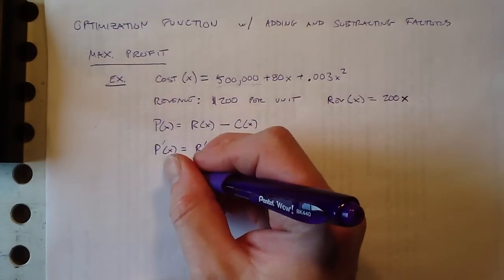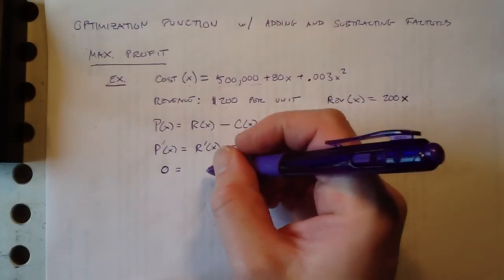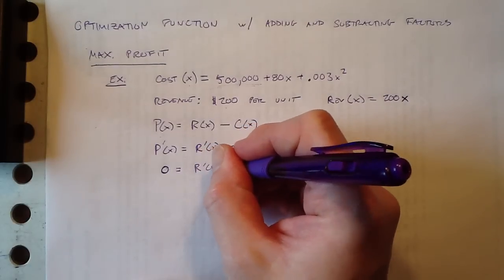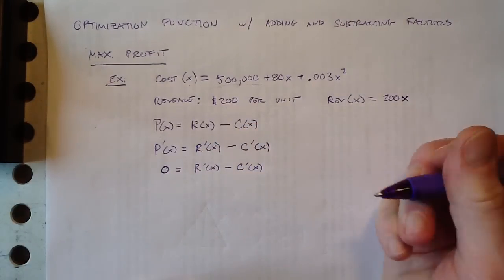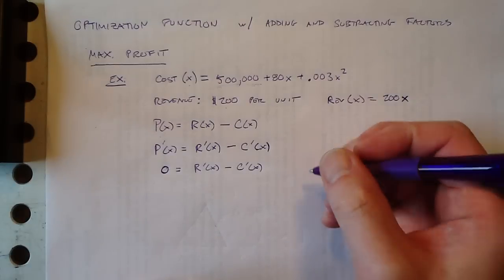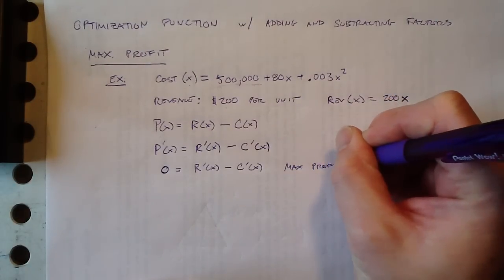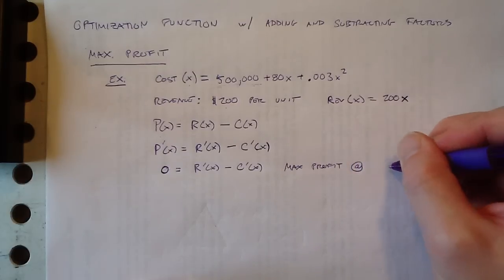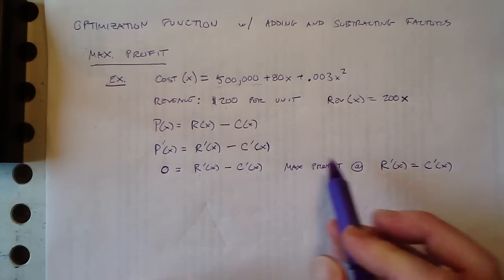So if we want to max, we set the derivative equal to 0. And we notice the interesting fact that max profit happens when marginal revenue, or in other words, the derivative of revenue, is equal to marginal cost, right?